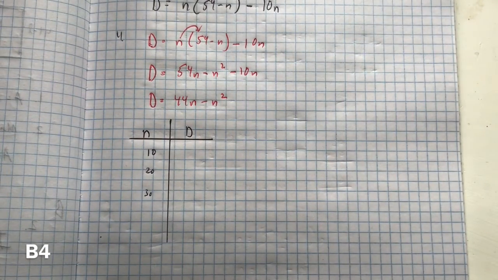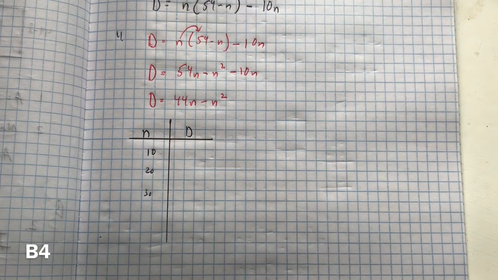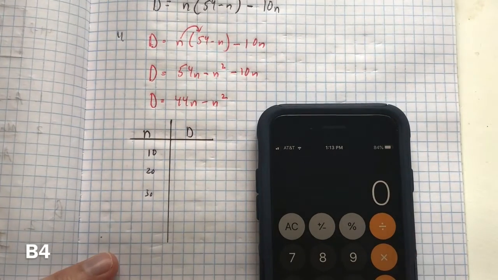I'm going to use my calculator here because it ends up being the easiest way to go. I'm going to put 10 in here.